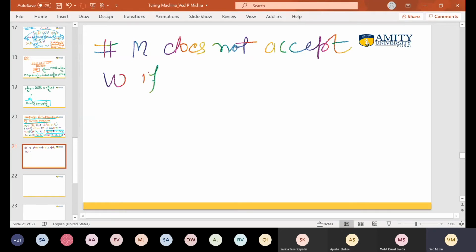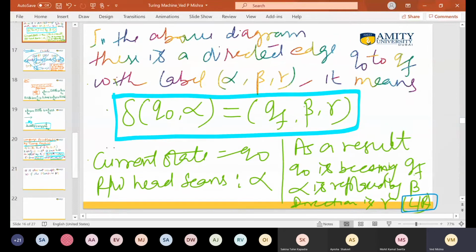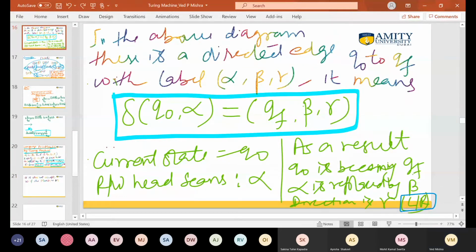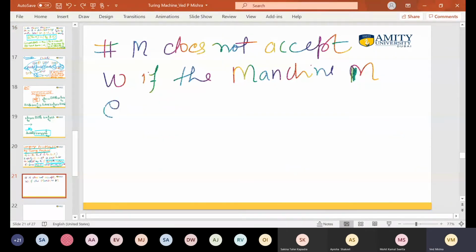if the machine M either halts in a non-accepting state.